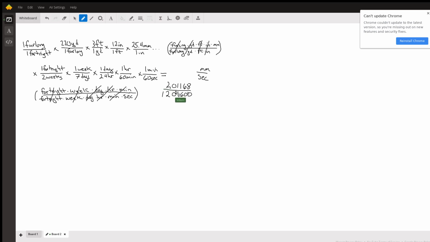Divide the 200,000 number by the 1 million number, and I get 0.166 millimeters per second. I tend to round to 3 decimal places. I haven't thought about sig figs with this particular question, but round to 3. So that's the gist.